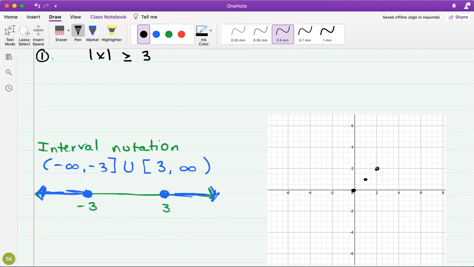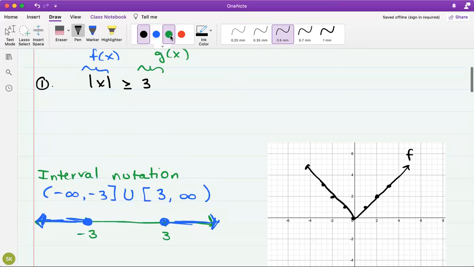Just make some dots like this. Okay, this is f. And then g is just a straight line. It's a line at y is equal to 3.